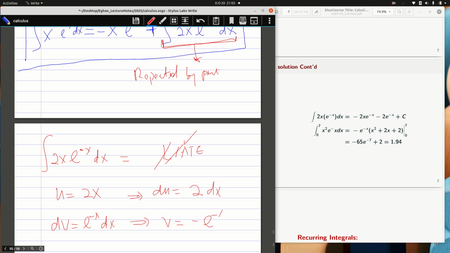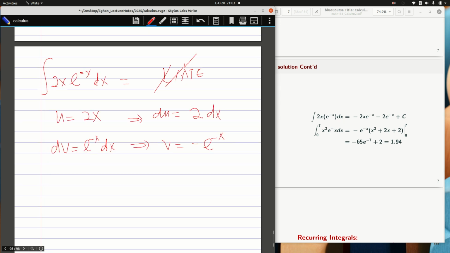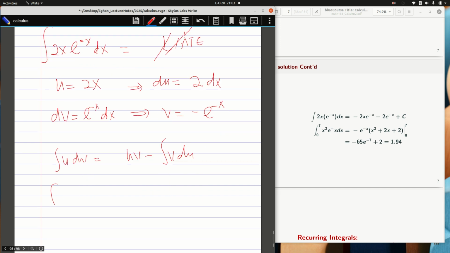So there's a substitution. The integral of u dv is equal to uv minus the integral of v du. Okay, so u is 2x and dv is e to the negative x.